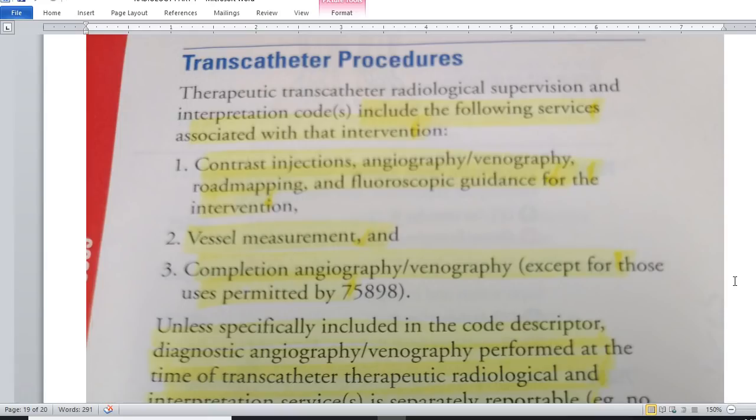And 75898 says, angiography through existing catheter for follow-up study for transcatheter therapy, embolization, or infusion other than for thrombolysis. So, again, this is a follow-up after. So 75898 is the one little special code.